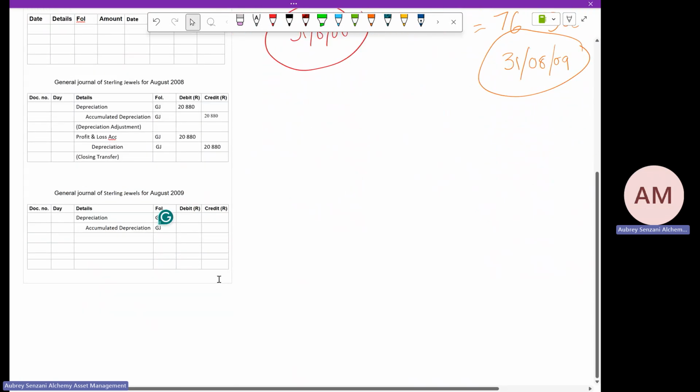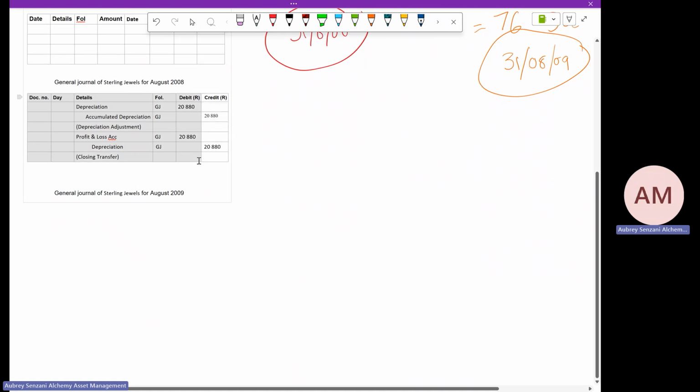Literally for 2009, you're doing the exact same thing. So if we wanted, we could get rid of this here and literally copy this here.